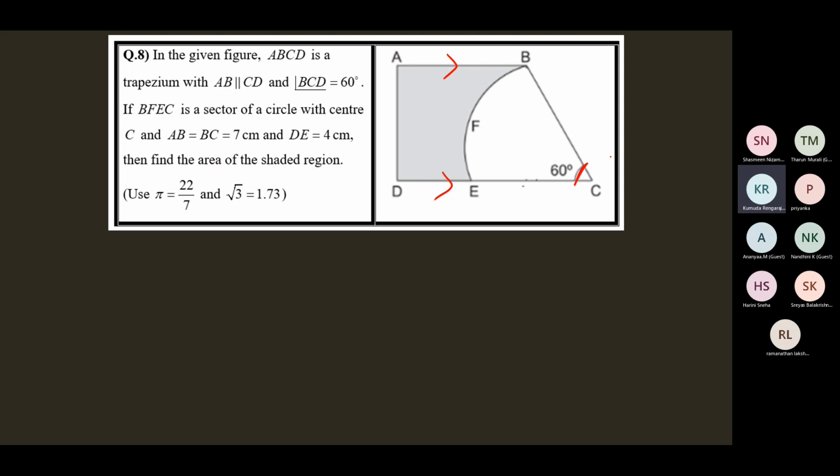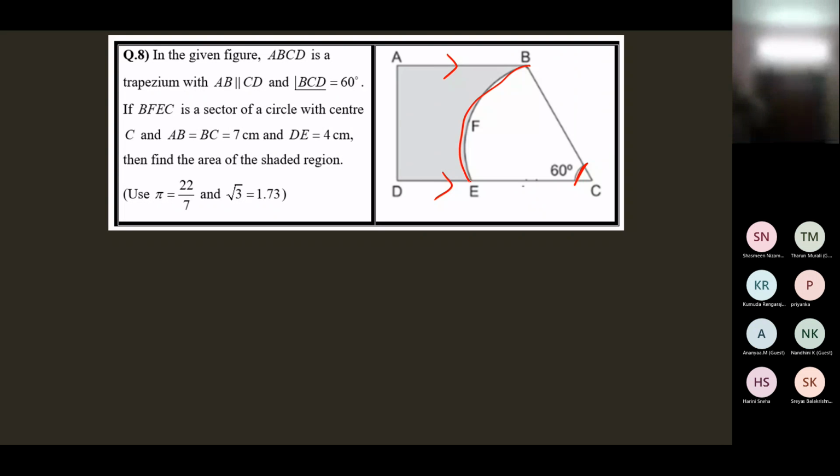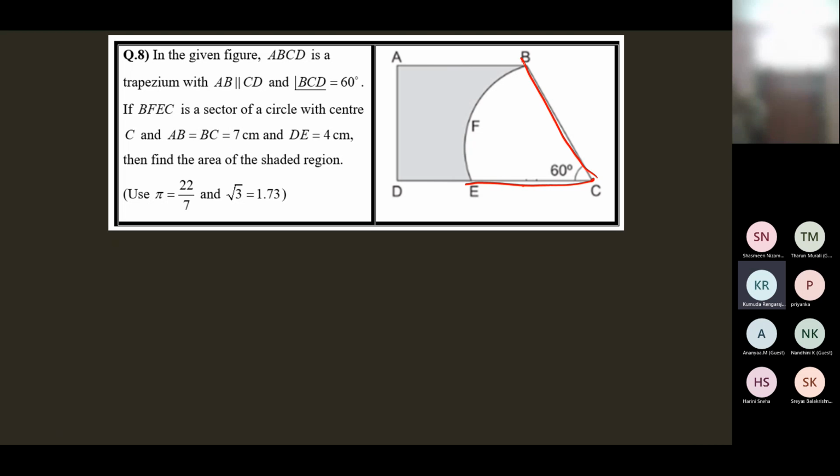If BFEC is a sector of a circle with center C, so C is the center, that means CE and CB are the radii.